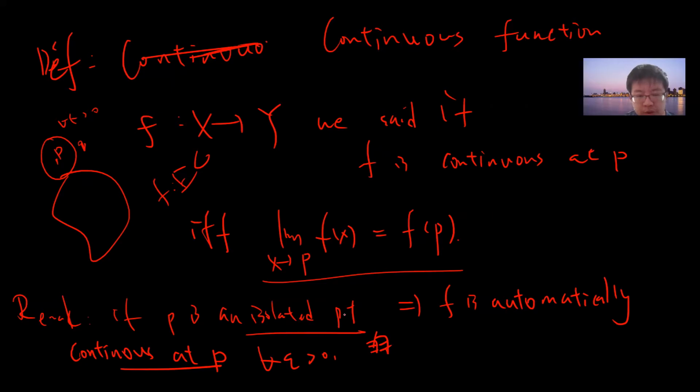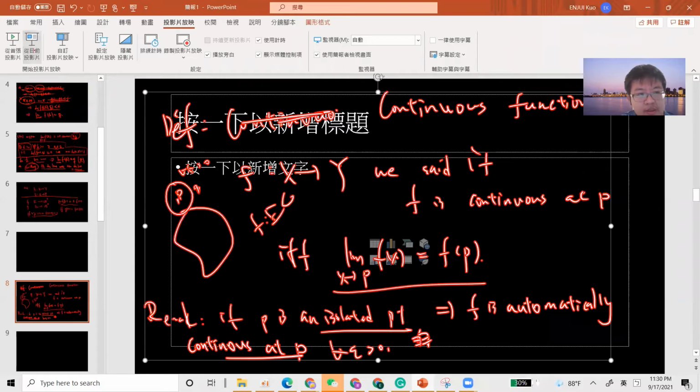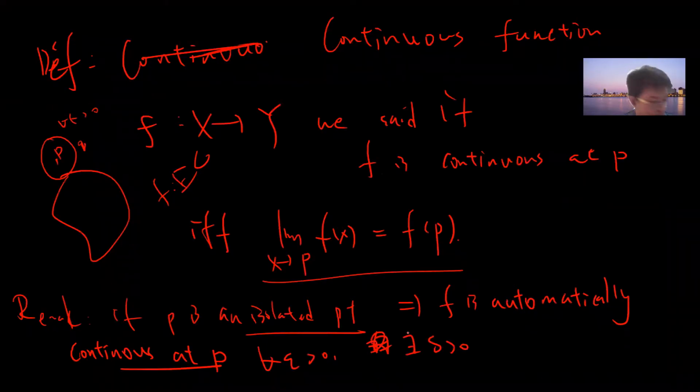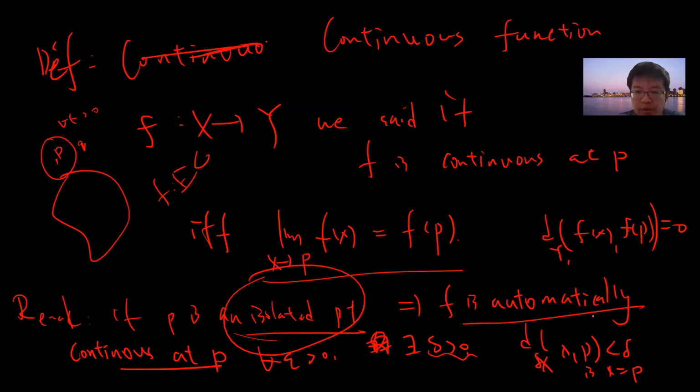In that case, the set of x where d(x, p) is less than delta is only the point x equals p. Then you will have d(f(x), f(p)) which is just equal to 0, right? Yeah, so for isolated points, we just say f is automatically continuous.